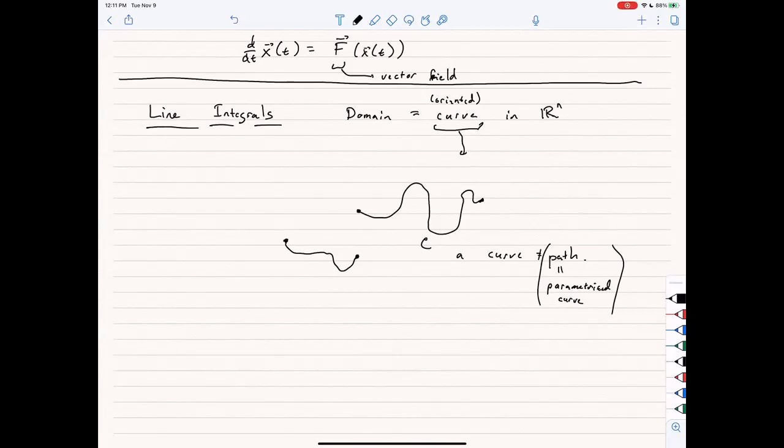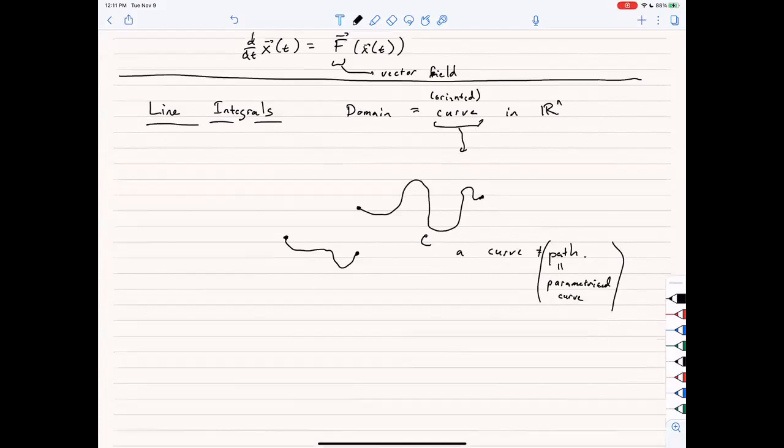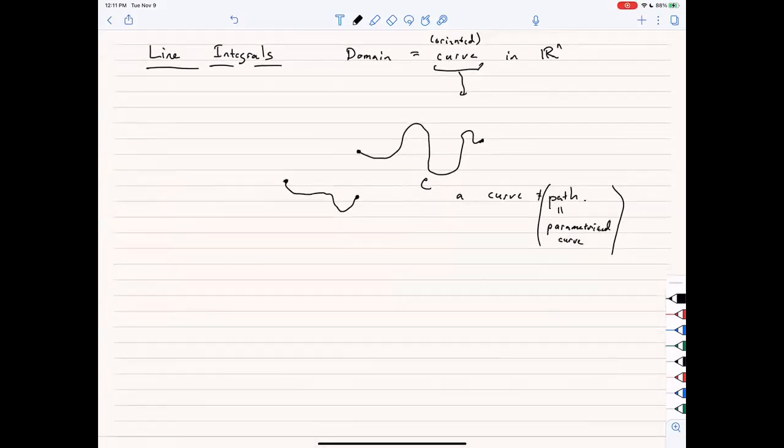We can evaluate our integral using a path, but we want it to be independent of what path we choose. And what does that mean? What we want is a scalar line integral, and I'll explain what it is.